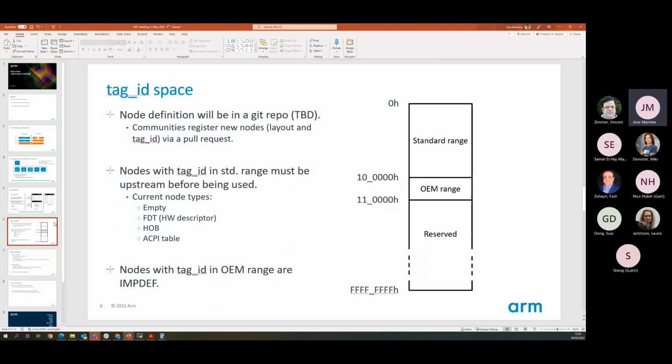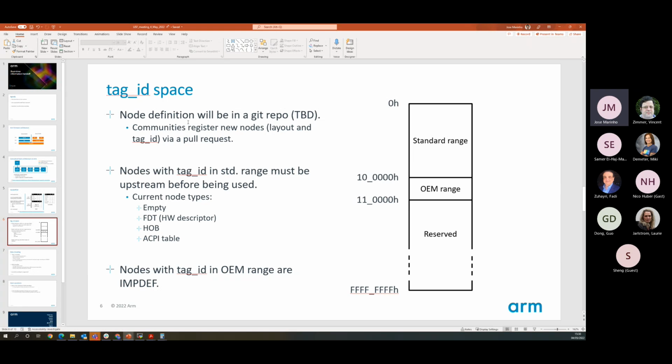Right, but as you were hinting at, Vincent, yes, we did segment the tag ID space. The first chunk is for the standard range, and I think we have roughly 1 million tag IDs here. All of the nodes, and I think I mentioned this in the beginning, are going to be defined in some repository.